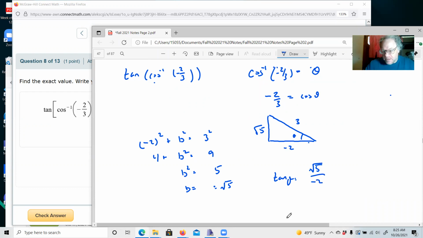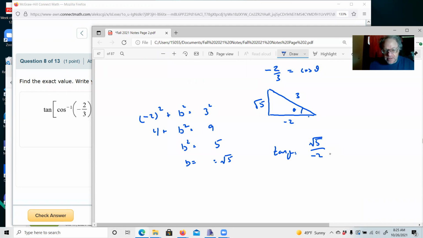Actually, I know it has to be in the second quadrant because the inverse cosine is going to give us a first or second quadrant angle. That's the way the inverse cosine is defined, as first or second quadrant. Sine and tangent give us first and fourth quadrant.